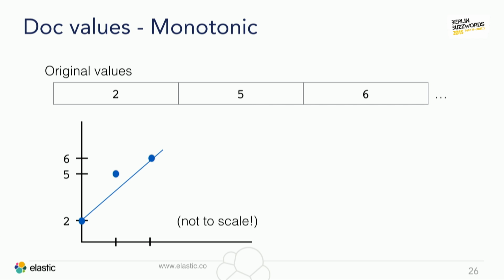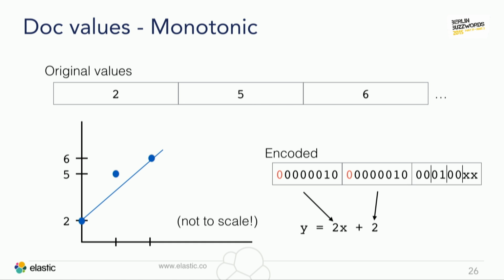And then we have this one value, 5, that's a little bit off, but we just need to encode a 1. So this is what it's going to look like. And obviously we have to encode what the model is, so we're going to store the M and the B, and then for each value we take that, apply which document number we're on, and add the deviation from that.